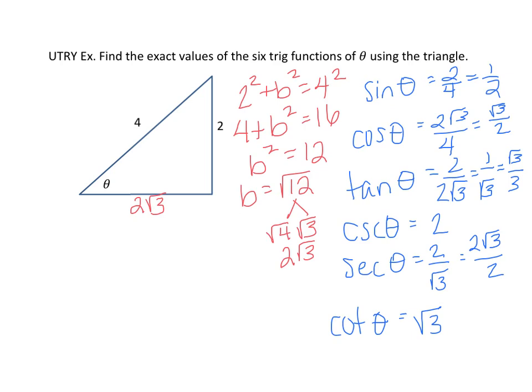Cosecant, flip sine over, you get 2. Secant, flip it over, 2 over radical 3, rationalize, 2 radical 3 over 3. And then cotangent, flip over tangent to get radical 3.